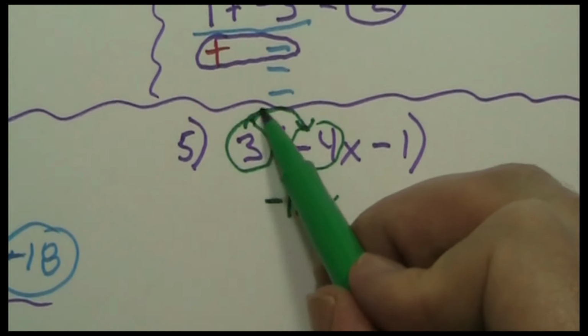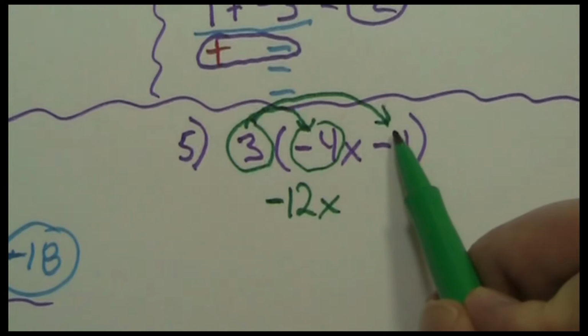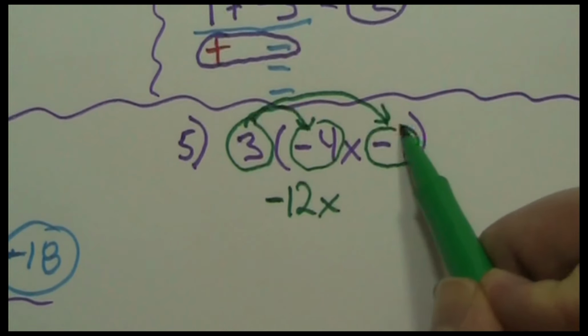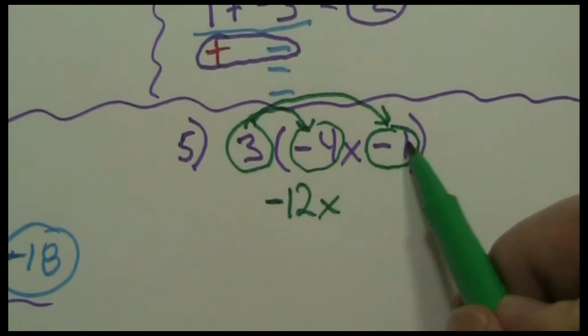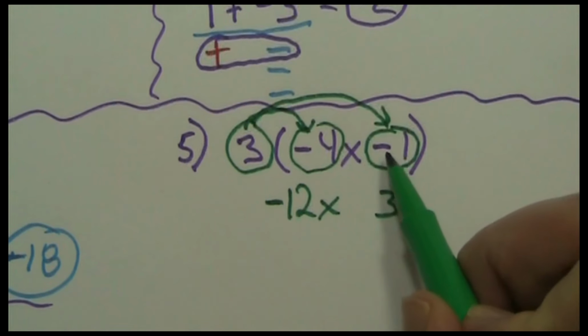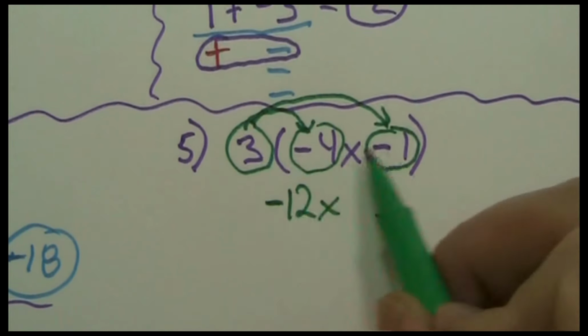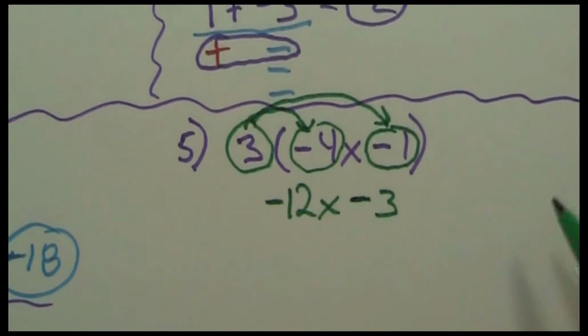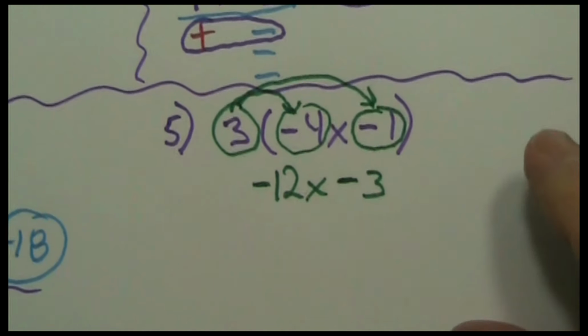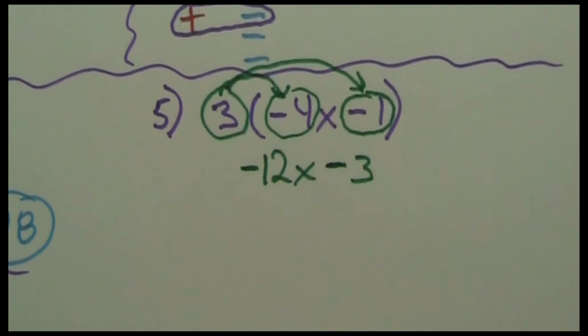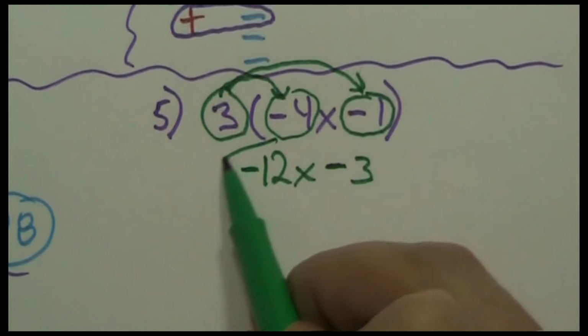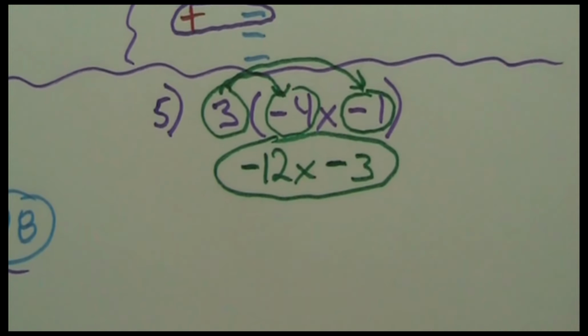Then I do 3 times, now this is a minus 1 and negative 1 are the same result. 3 times 1 is 3, and there's 1 negative. I'm multiplying 1 negative. So it's negative, or minus, same result. And that is all you can do to that problem.